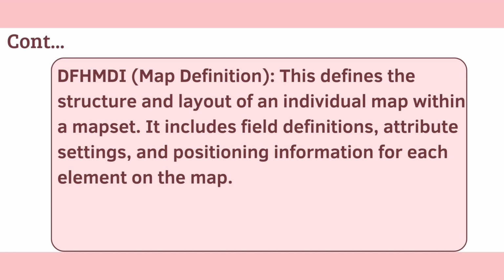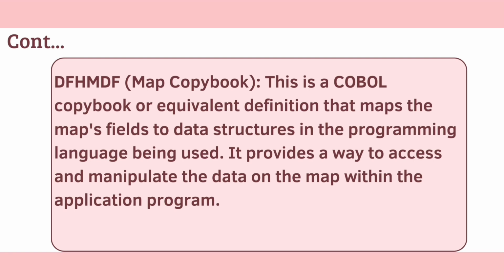Next is DFHMDI, that is map definition. This defines the structure and layout of an individual map within a map set. It includes field definitions, attribute settings, and positioning information for each element on the map. Third one is DFHMDF, that is map copybook.